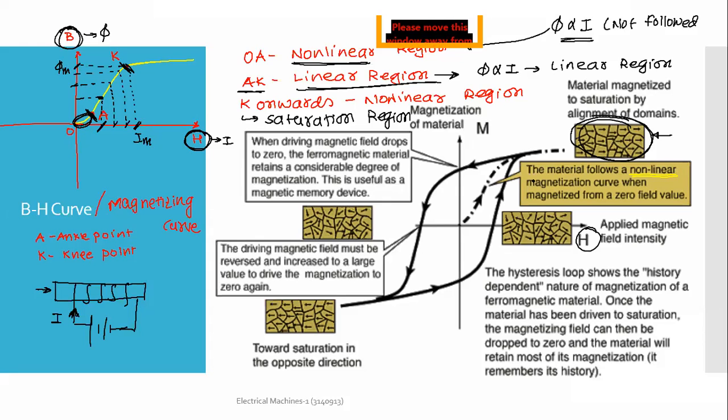So now if you want to further increase the flux in the core, you need to align more domains in line. These domains will require a very large force.